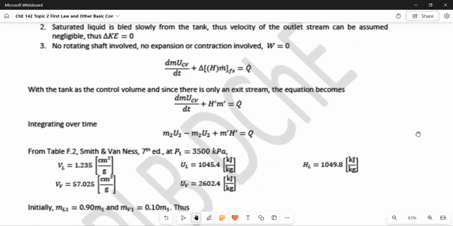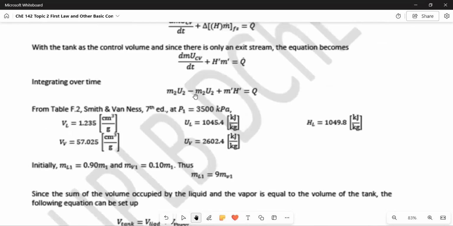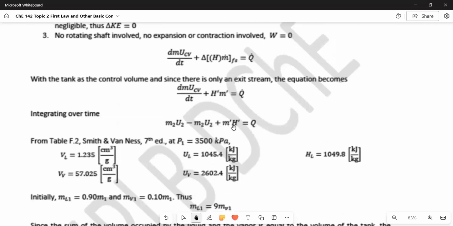So this one should be mass 1, referring to the initial mass and initial internal energy. So just some typo here. Plus the flowing stream equal to Q. Now, as you can see, the Q becomes a non-rate Q. So before there's a Q dot, but because we integrated both sides of the equation, Q becomes a non-rate heat.